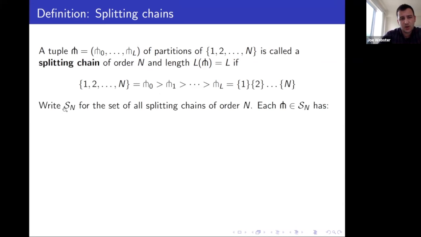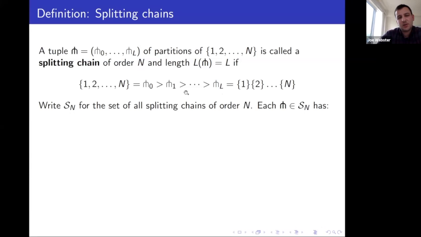So I'm going to call Sn the set of all splitting chains of order n. And before I attach some things to a splitting chain, I want to point out that Sn is a finite set for any given n. And the reason for that is there are only finitely many partitions of the set 1 through n. And each one of these chains, therefore, you have a finite number of choices for each one.